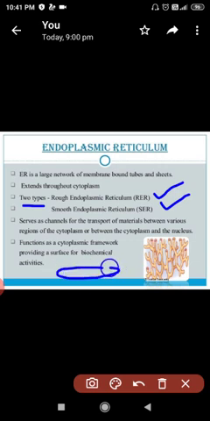Suppose this is the structure of RER. At the top of it, you find some dots or rough spots. These dots are ribosomes. So the presence of ribosomes makes this structure rough.